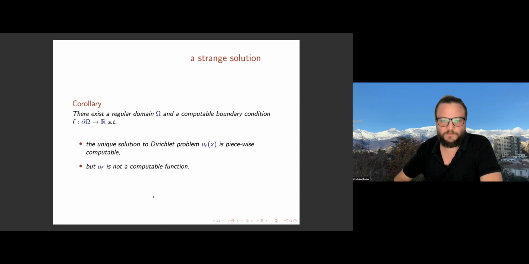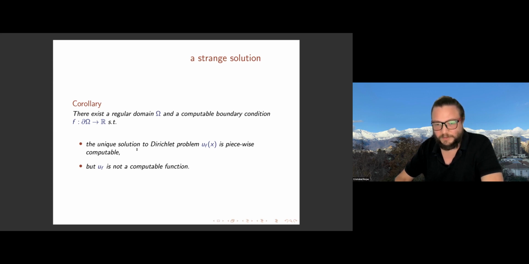Okay, so when we connect this to the Dirichlet problem, we get a kind of strange situation in which there is a regular domain and a computable boundary condition F, and the unique solution of the Dirichlet problem can be computed.